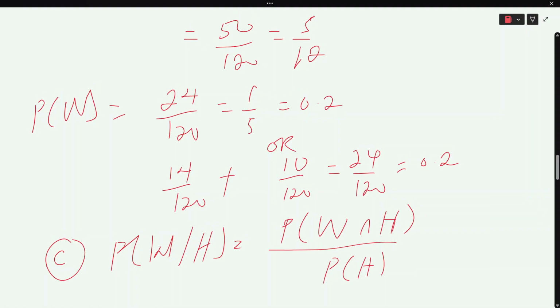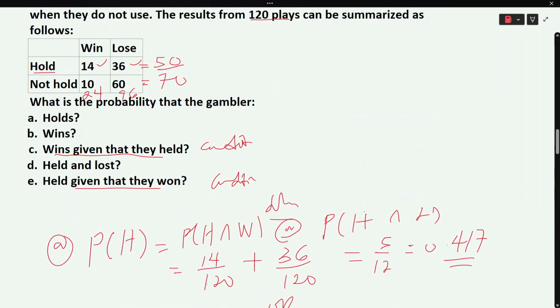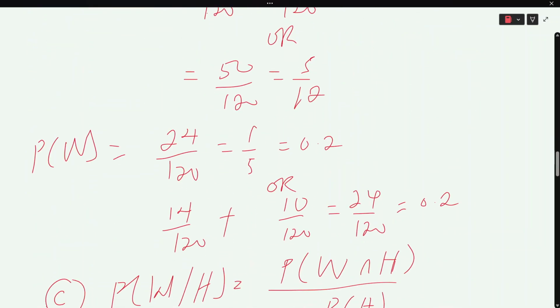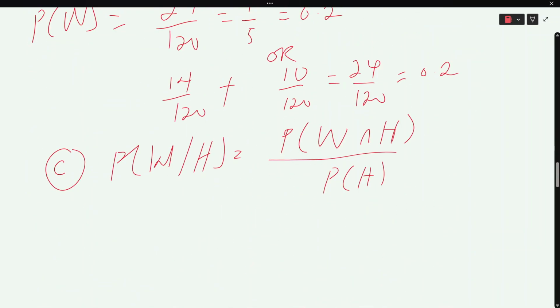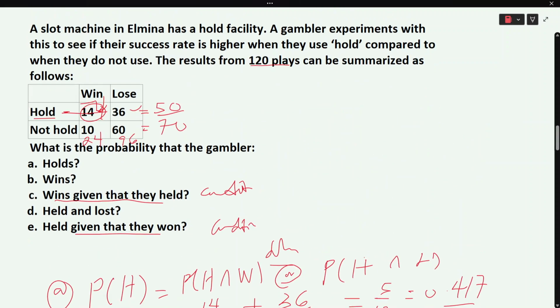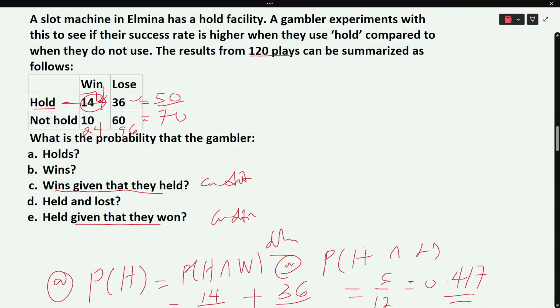Now let's find the probability of you winning. So when you win and you hold, you have 14 over here. You have 14 divided by the total number of hold, because when you hold, you can either win or lose.